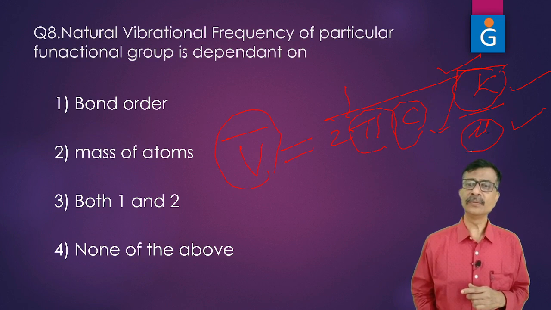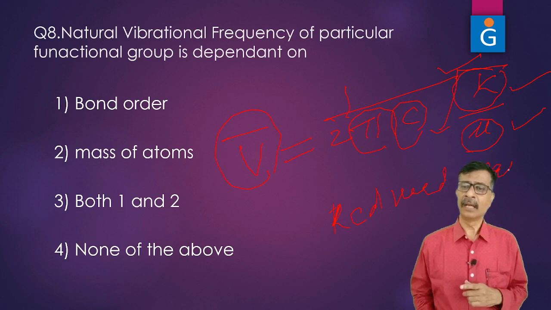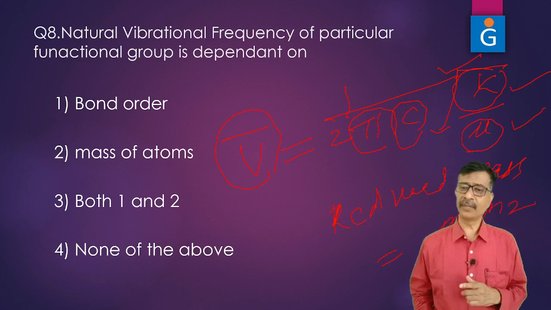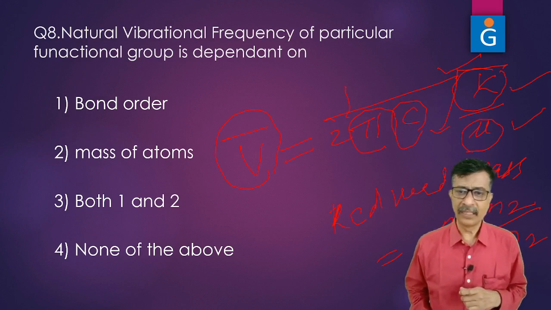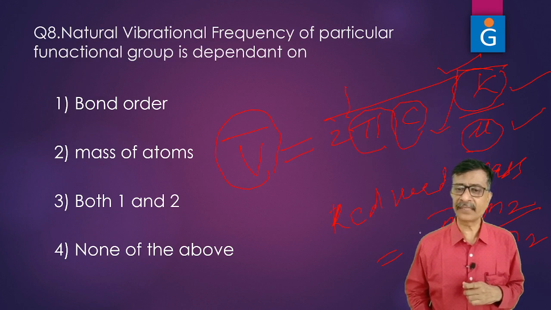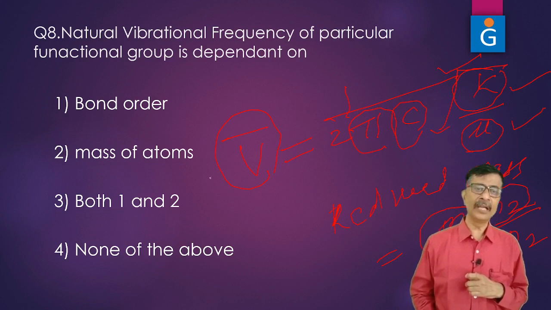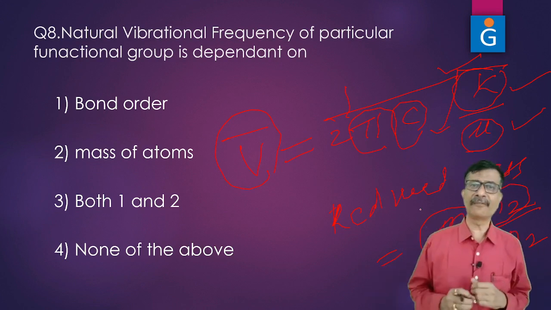Now what is mu? It is a reduced mass. And this reduced mass is equal to m1 m2 upon m1 plus m2, that is atomic mass of first atom and atomic mass of second atom, that is m1 and m2. So reduced mass will be calculated from atomic mass of all the atoms involved in the bond formation.